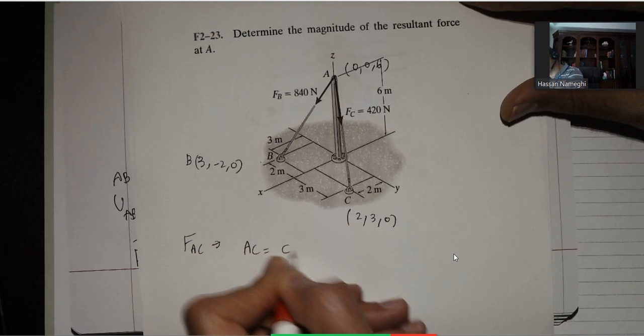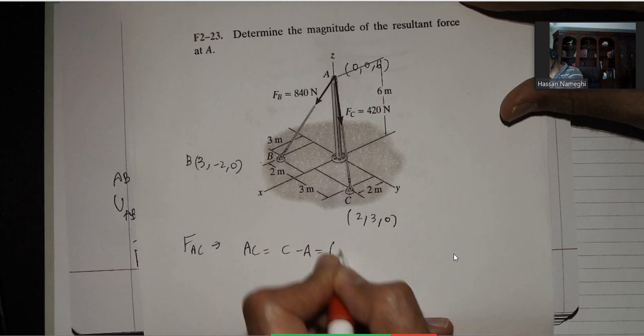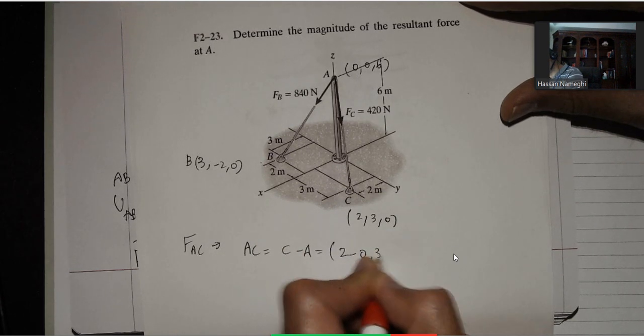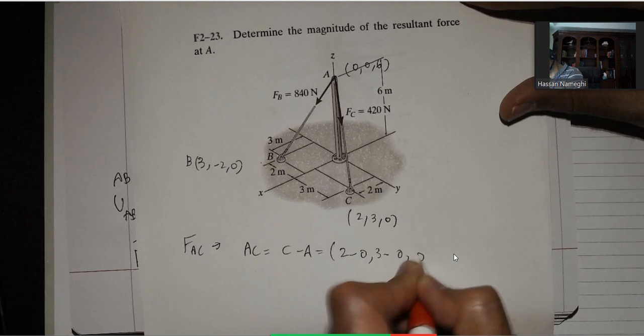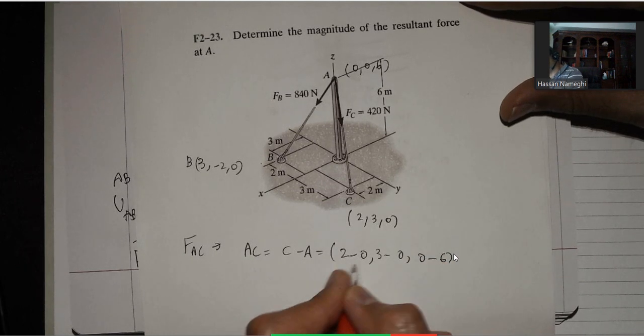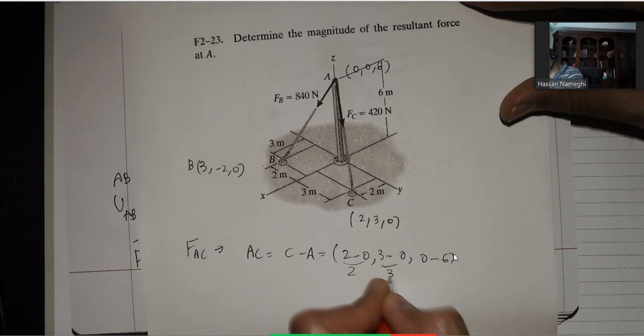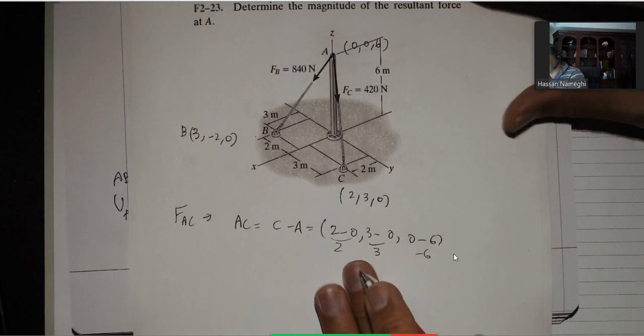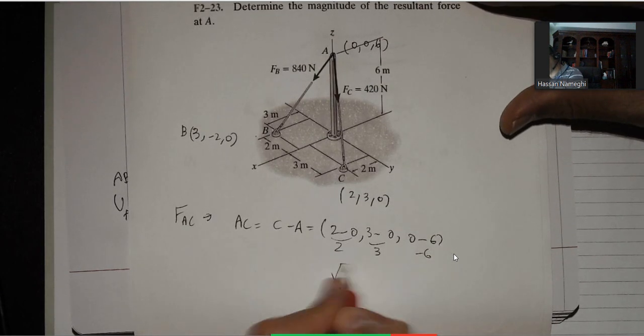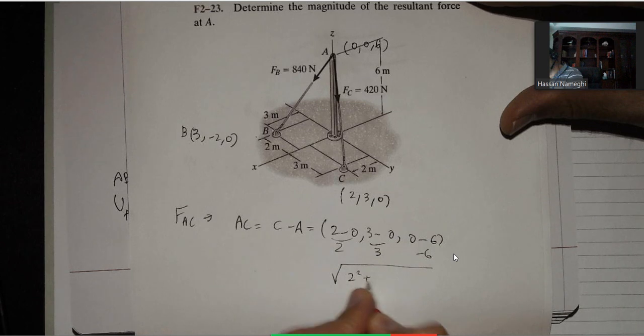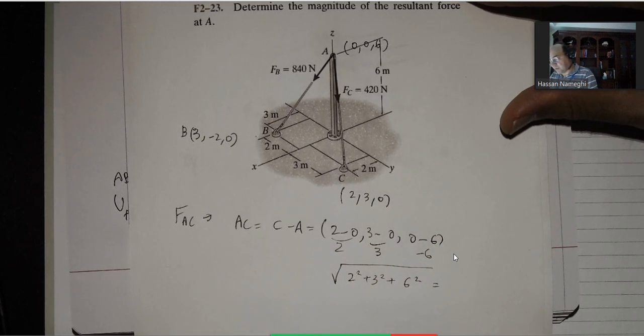So AC is equal to C minus A. It will be 2 minus 0, 3 minus 0, and 0 minus 6. So I got 2 here, 3 here, minus 6 here. Then I can find the length of this, right? 2 to the power of 2, 3 to the power of 2, and 6 to the power of 2.